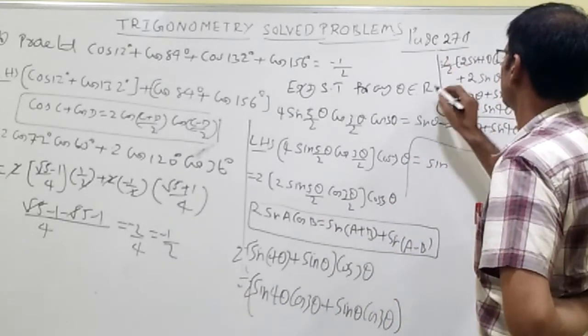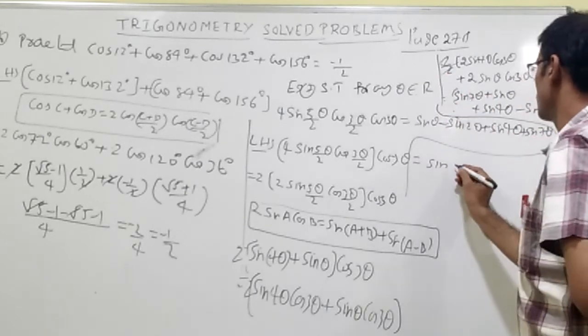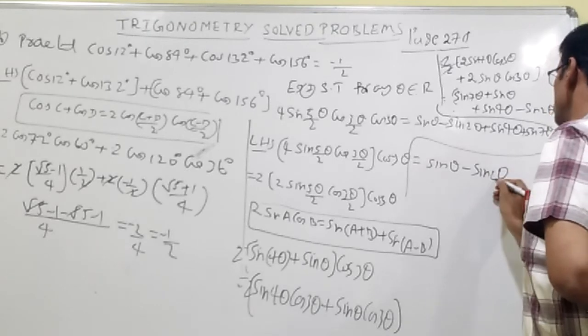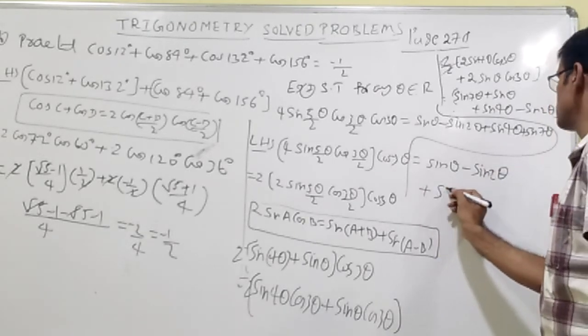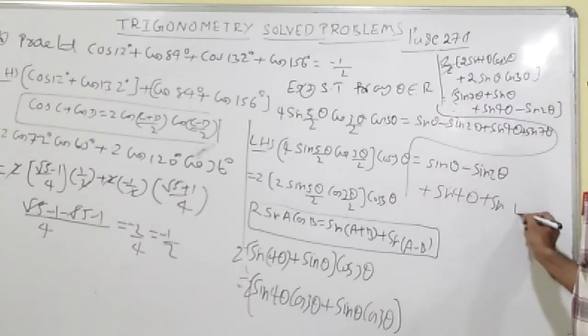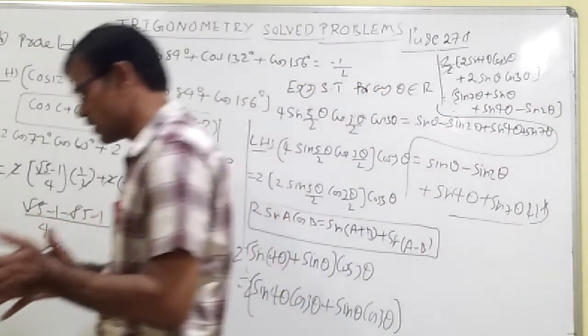Otherwise, simply try to understand 2 by 2 got cancelled. Don't write here. Now you can write directly sin theta in order: first theta, next 2 theta, like this. Sin theta minus sin 2 theta plus sin 4 theta plus sin 7 theta. This is RHS. By taking RHS also we can get LHS.